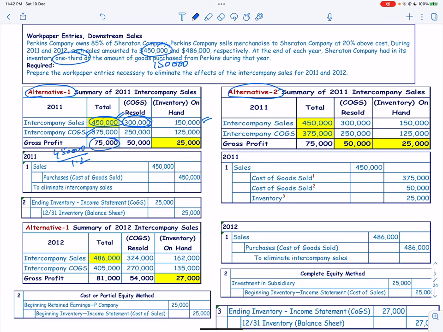For the cost of goods for the sales to the third party, once again they have sold for 300 and not 450, and the cost of goods sold for this is again 300 divided by 1.2, that is 250.